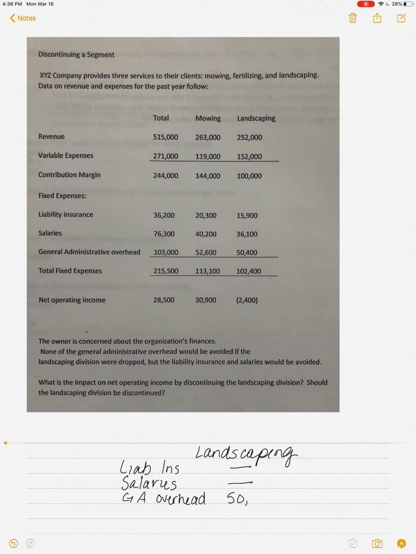And that's $50,400. So our total expenses we would have to pay is $50,400. Compare that to what we're currently losing of only $2,400, and we should definitely keep running that segment even though we're losing money.